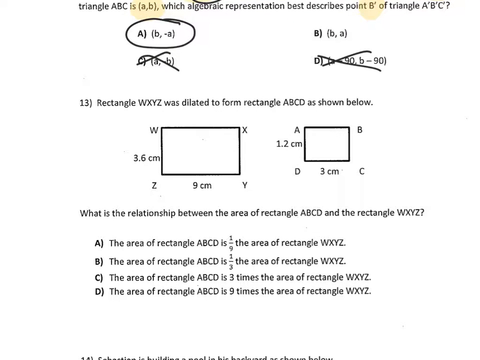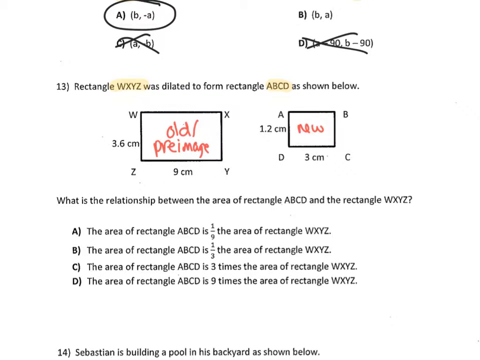Rectangle WXYZ was dilated to form ABCD, shown below. So WXYZ was dilated, so that's our old image, or the pre-image, and ABCD is our new. What's the relationship between the area of rectangle ABCD and rectangle WXYZ?